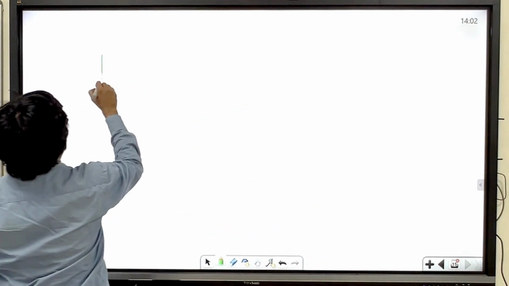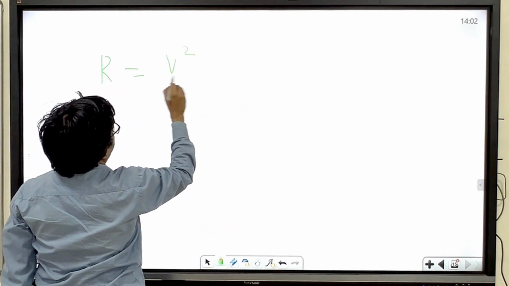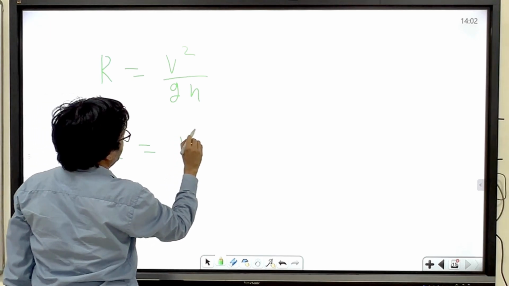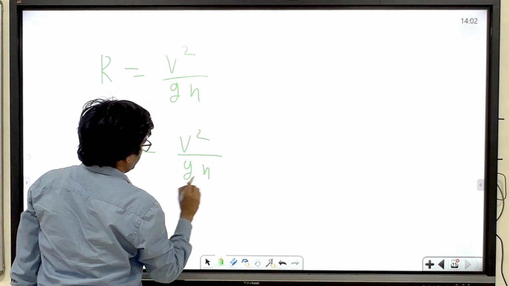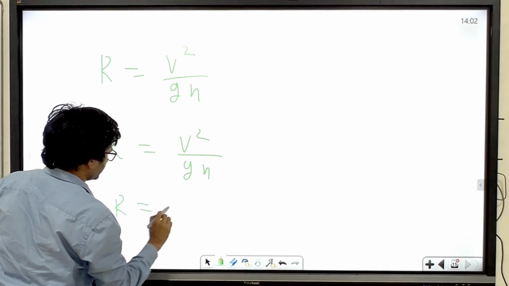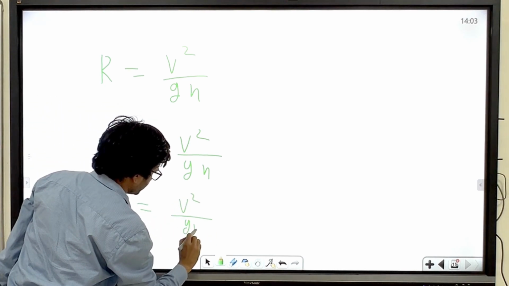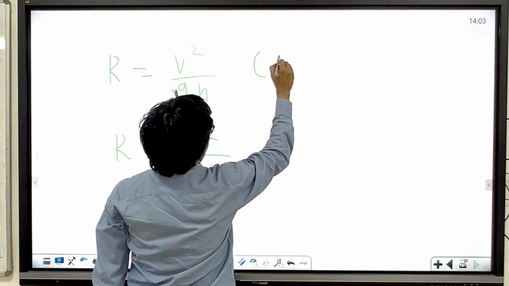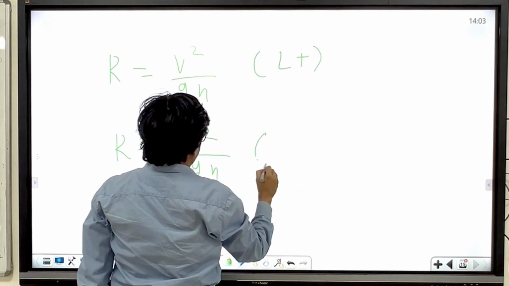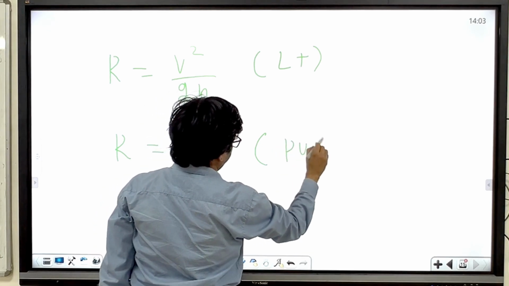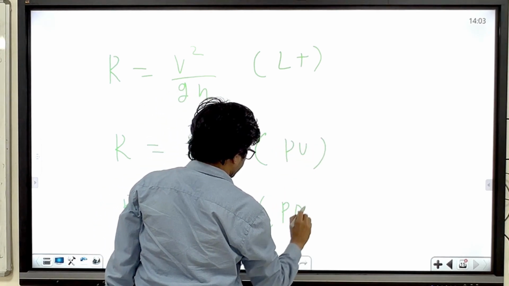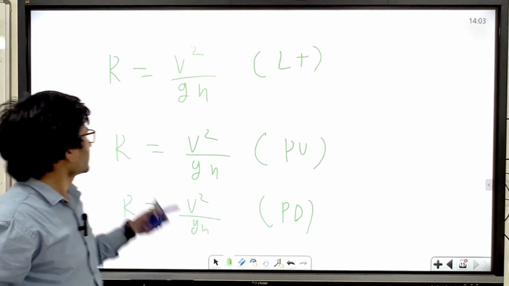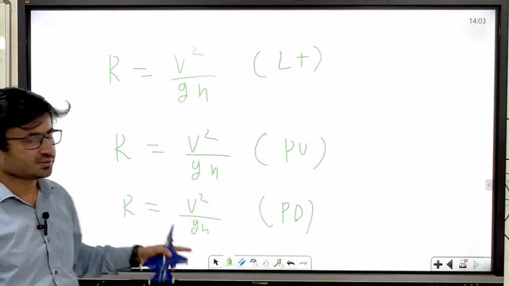For the level turn, the R will become V square by gn, and R for pull up also will become V square divided by gn, and R for the pull down will also become the same, right? So this is level turn, I called it, and this is pull up, and this is pull down. So in all cases, you can see the radius of turn expression is the same.